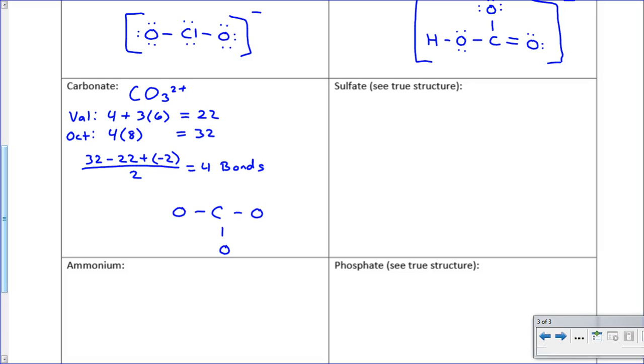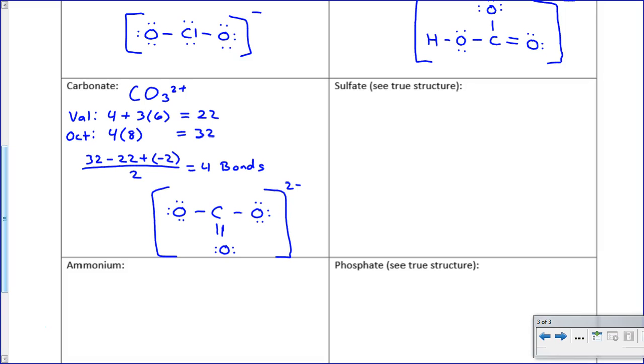One of these needs an extra set of bonds, so I'll just throw it on this one here. So there's a double bond there, and we've got 4 bonds total. Fill in the extra electrons that we would need. Carbon is good because it's got its 4 bonds, so it's already got the octet. Set of brackets around there, 2 minus on this one because it's got a 2 minus charge, and that one is done.